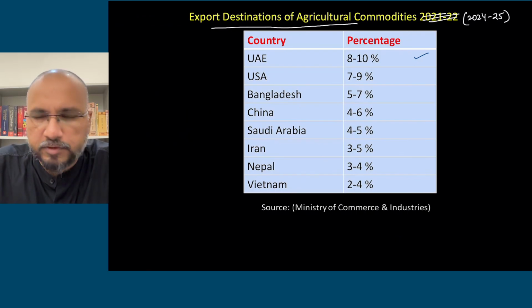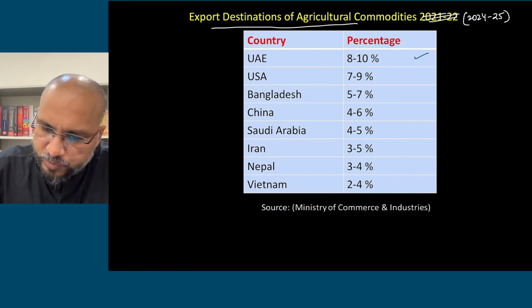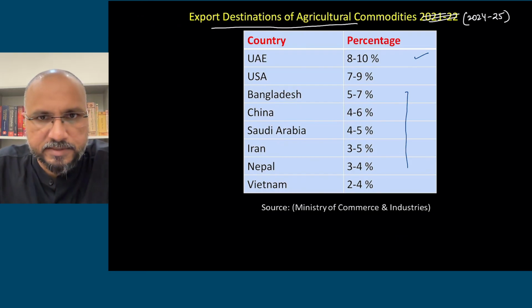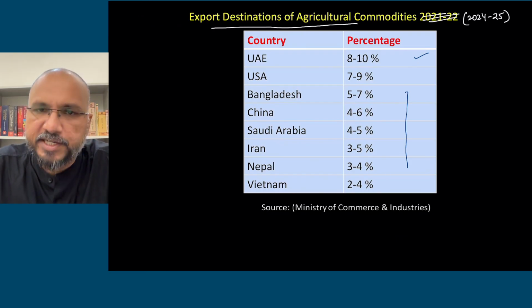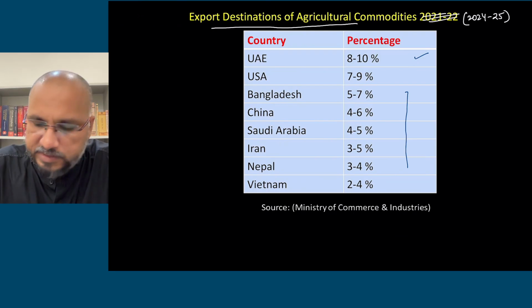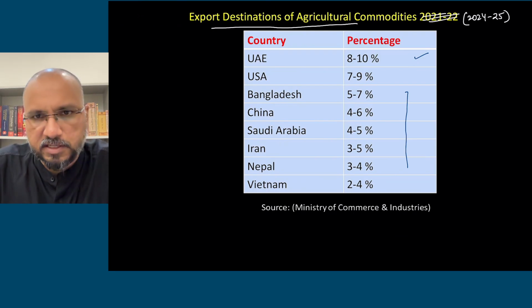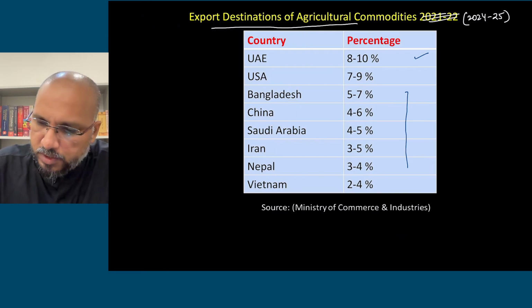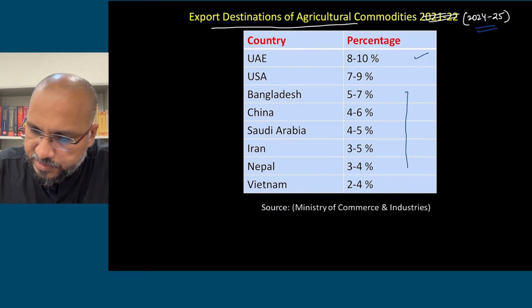A lot of our fresh fruits, rice, all that goes to UAE, even buffalo meat. Second is USA, and the rest you can see are mostly Asian countries. Even the first one, UAE, so a large chunk of our export goes to Asian countries. First is UAE, second is USA, third is Bangladesh, fourth is China, and so on. This is recent data, I just forgot to change the year.